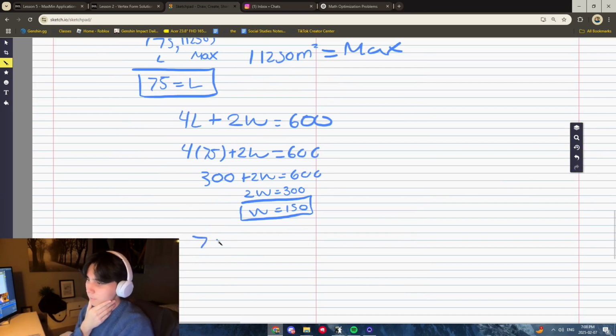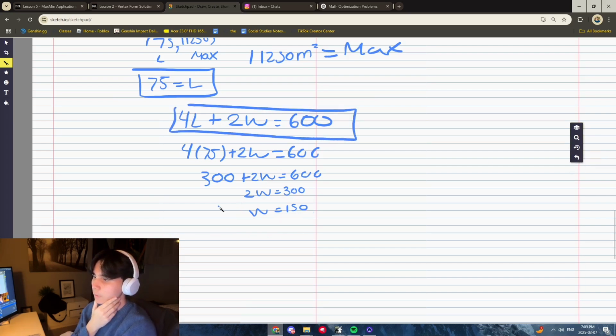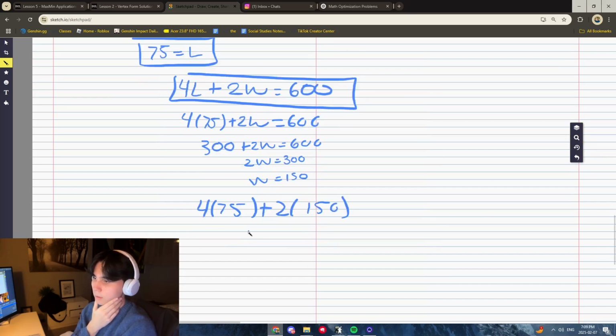So if we put 75 back into our original equation, 4 times the length plus 2w, our original equation for perimeter, and plug in our width and length, it should give us 600 back, with w being 150. Spoiler alert, it will give you 600. So that's how you know that this checks out to begin with.